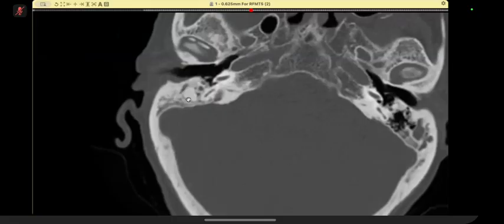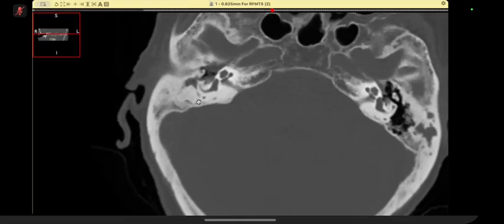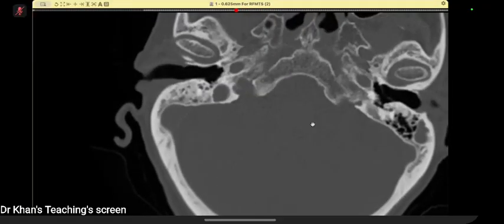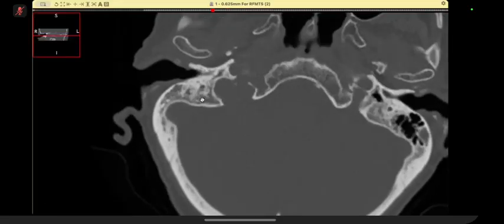You said initially, when you were describing the mastoid air cells, that there is destruction also. Where is the destruction? Point it out to me in the mastoid air cells. Sir, if compared to the left, there is loss of the mastoid cells.